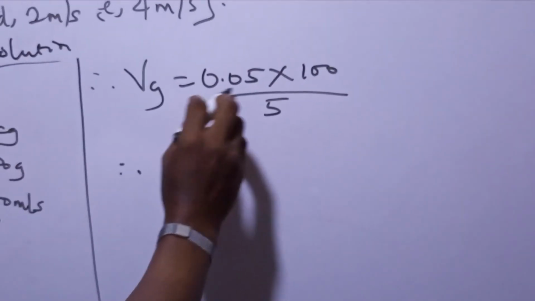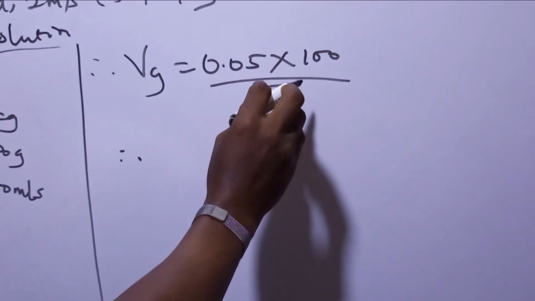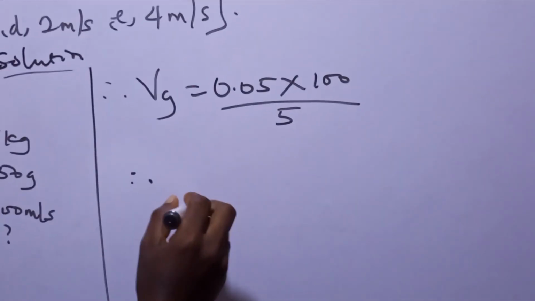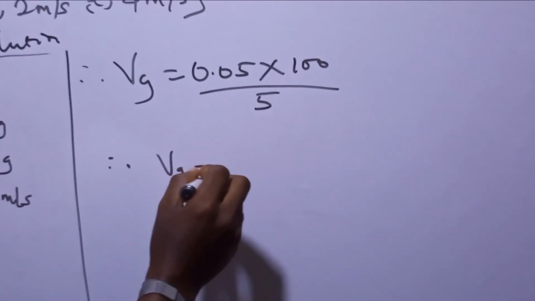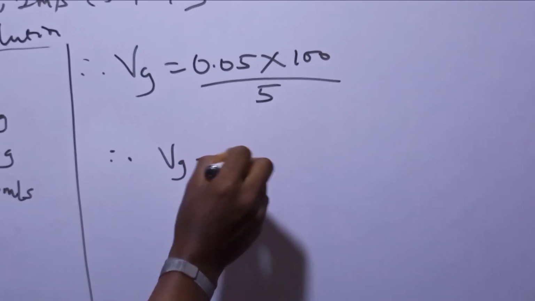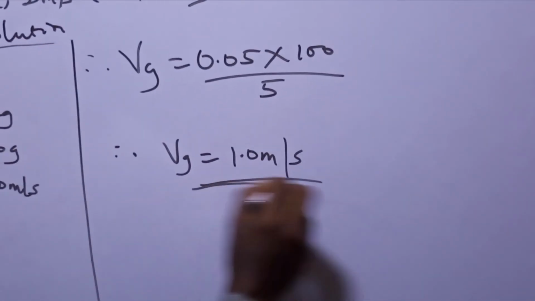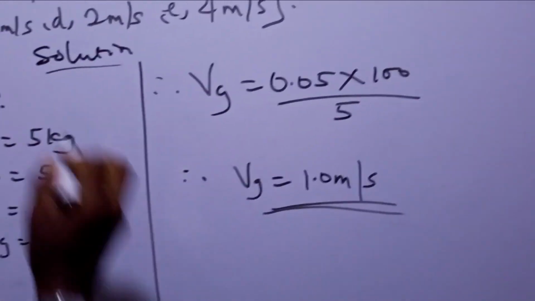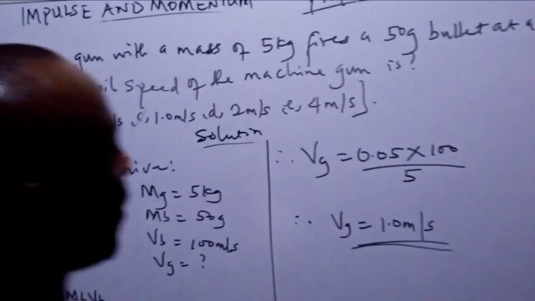If you multiply 0.05 by 100 and divide by 5, you will have velocity of gun to be 1.0 meter per second. As simple as that. That means C is the right answer.